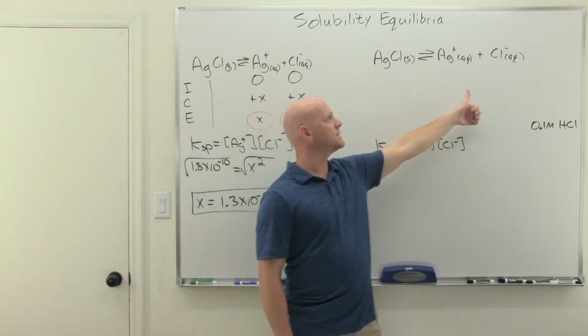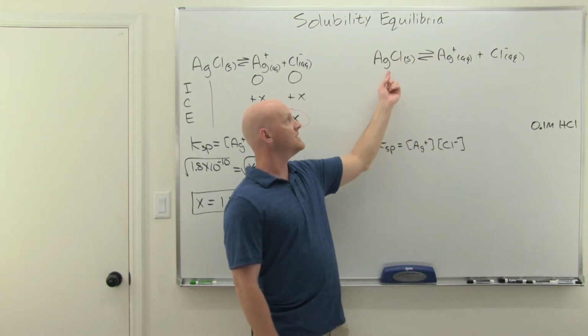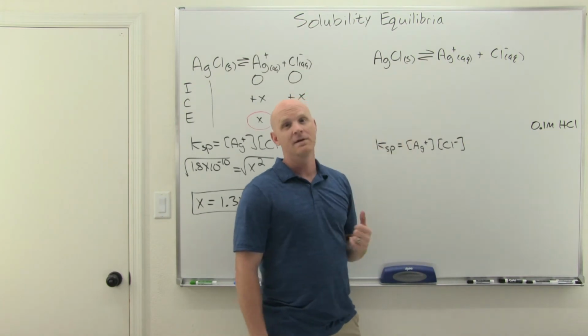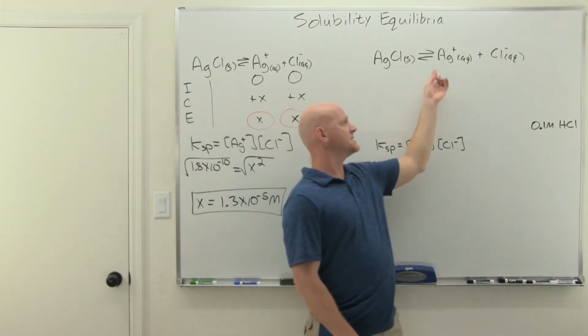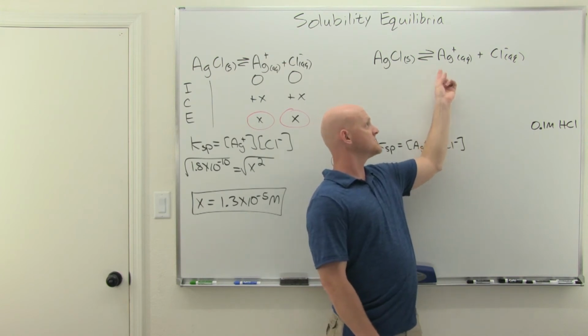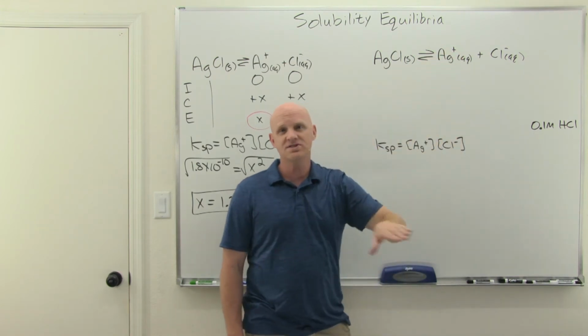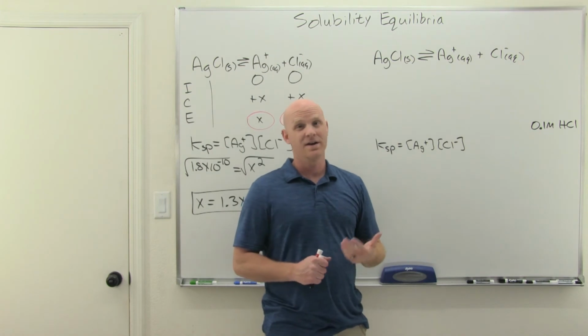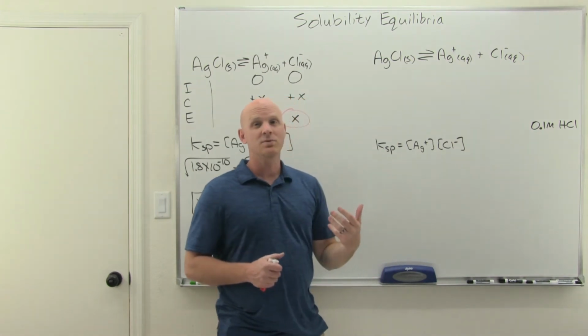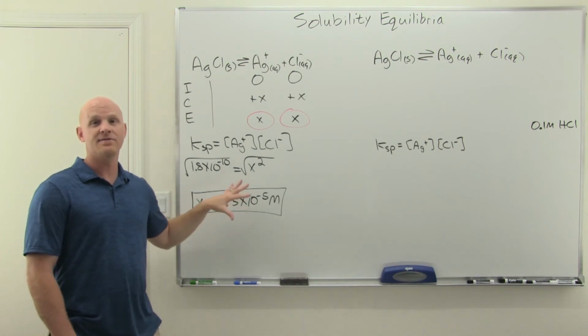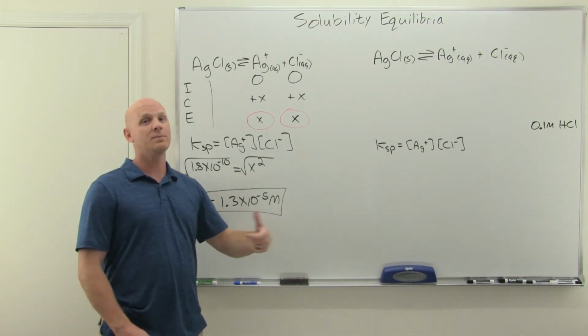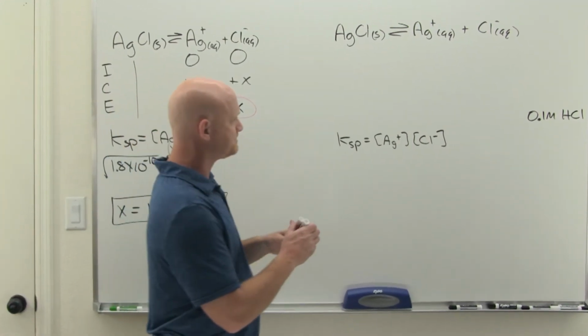If we shift this equilibrium back to the left, that means we're going to have less AgCl that actually is dissolved. So this actually lowers the solubility. In the common ion effect, if you add any strong electrolyte that contains either silver or chloride, it lowers the solubility of AgCl. So we're going to see when we calculate the molar solubility now that it's no longer going to equal 1.3 times 10 to the minus 5. We should expect it to be considerably less, as we'll see.